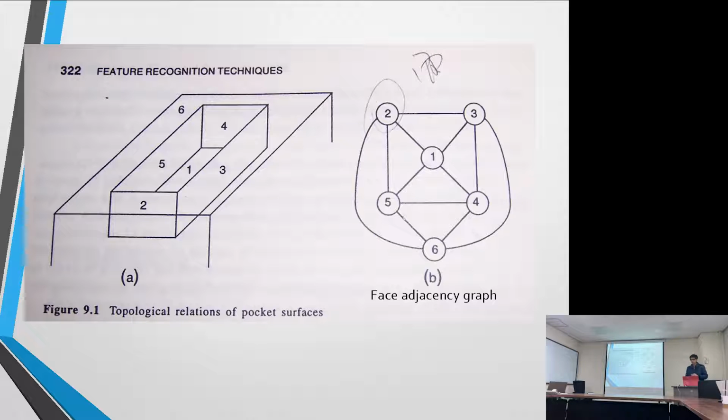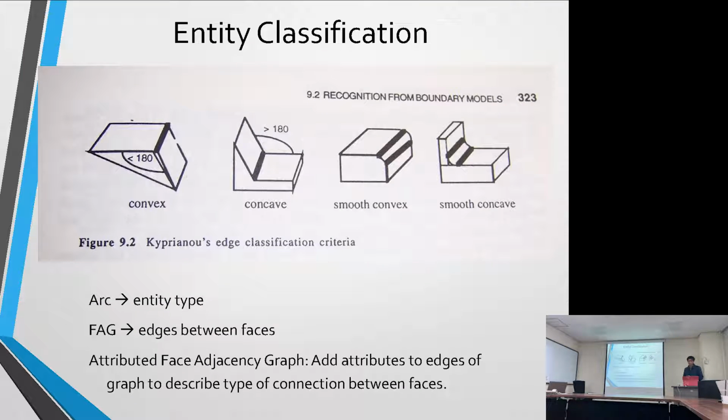For a better representation, you can use an entity classification. So as I said before, an arc can represent an entity type. For just now, it was the relationship between faces for the case of FAG. But maybe you want more descriptive details about the entity type.